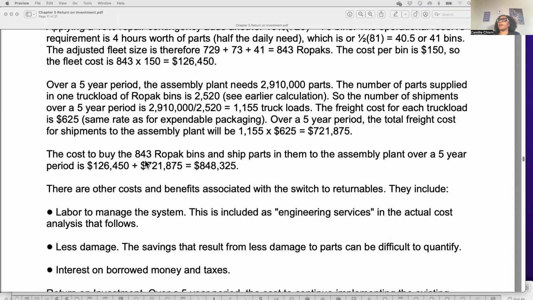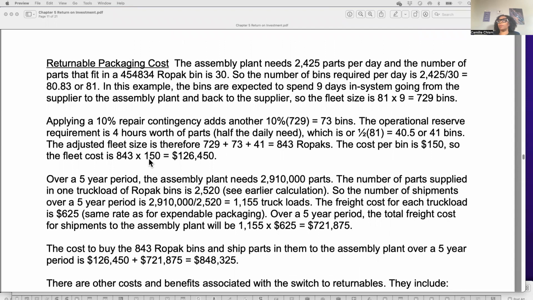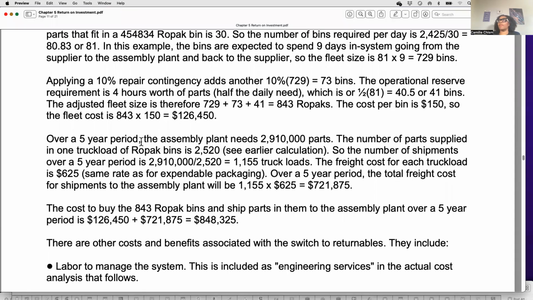Okay, so you figured out that you added your fleet for the 843, multiply it by $150, you get $126,000. You figure out over the 5-year period how many parts you have, which you were given already. From there, you figure out how many, from your other calculation, you needed: 2,520 roll pack bins.